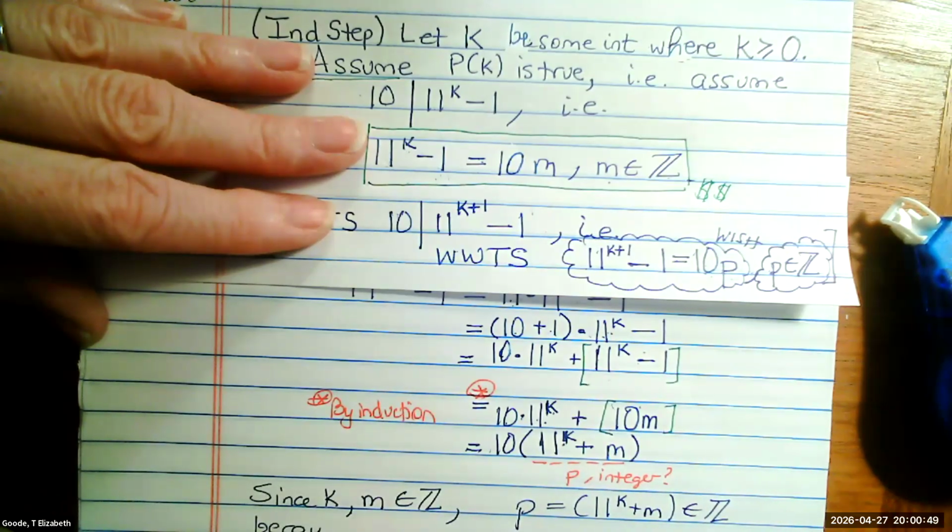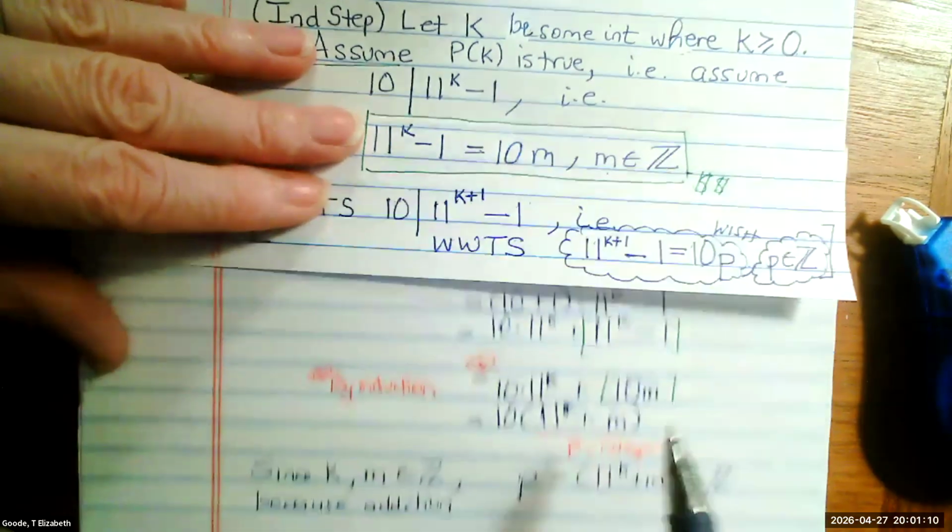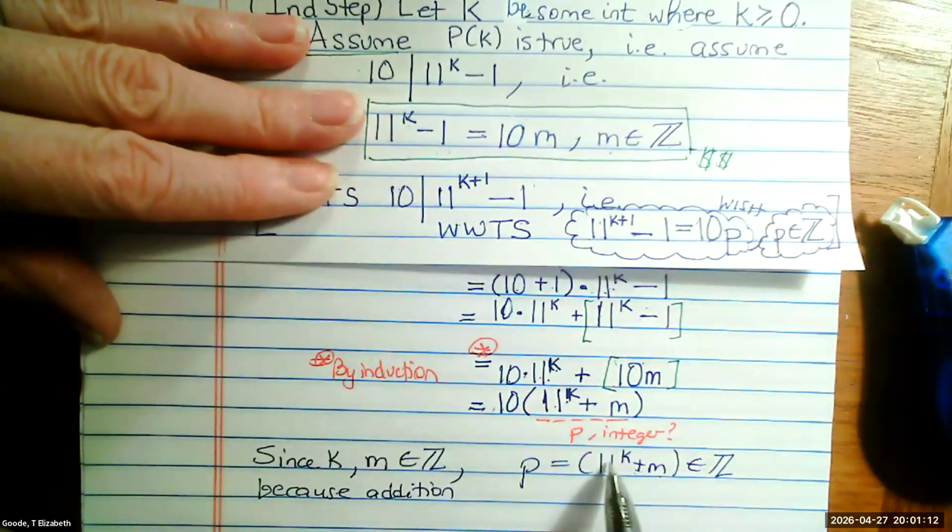because what operations are we using to build 11 to the k plus m? What arithmetic operations are involved there? Well, there's addition being used, because there's a plus sign between the m and the 11 to the k. And raising 11 to the kth power is just shorthand for multiplication.